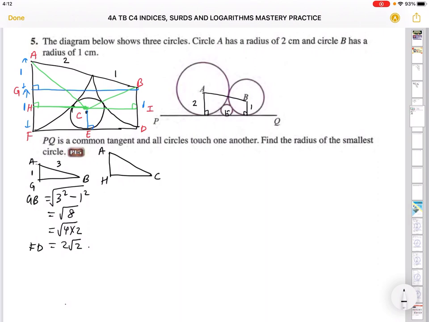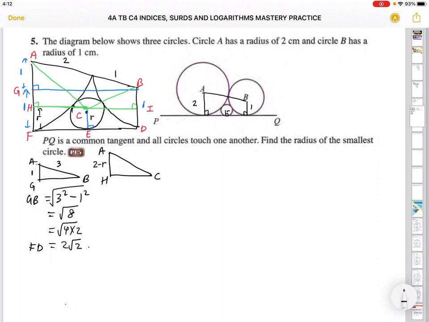Now if you look at this CE, we know CE is the radius of the circle with center C. I do not know it, so I'm going to call it R, and you notice that if this is R, this is also R, right? So if you look at the triangle here, let's look at AF. AF is 2. If you want to find AH, AH will be 2 minus r.